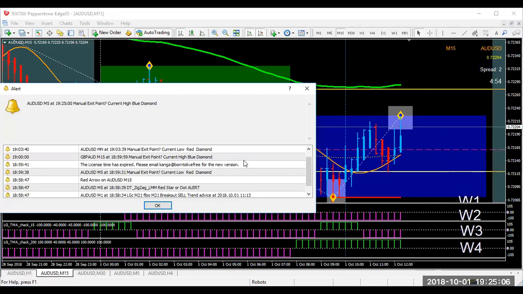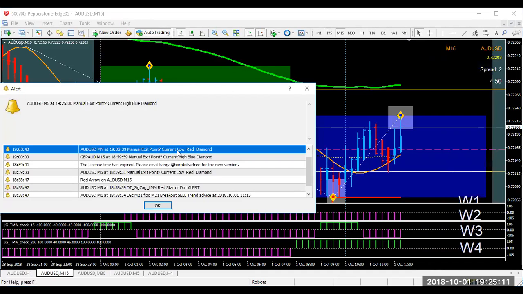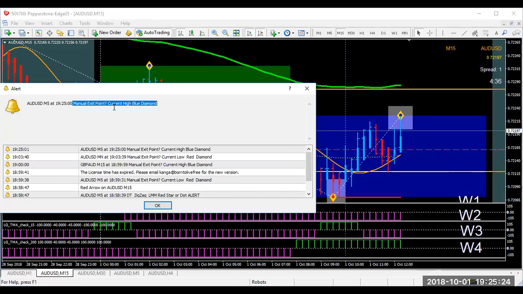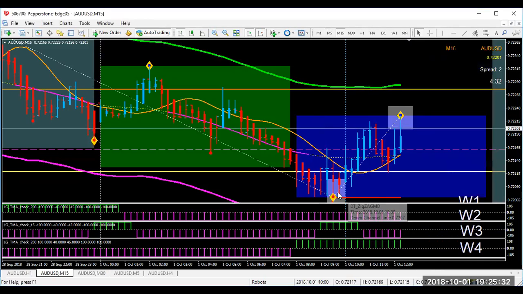And you'll actually see, hopefully, when the alert comes, it'll actually say current high blue diamond. So the distance from a diamond is in reference to the previous blue diamond as to whether that's current low red diamond.